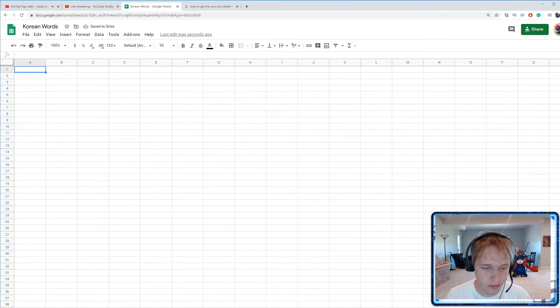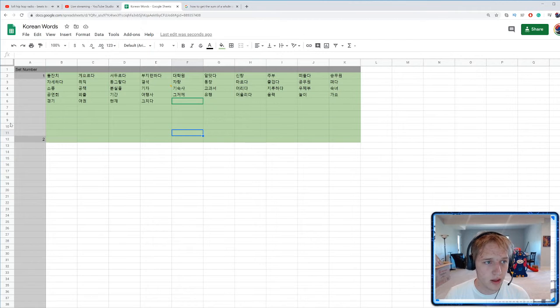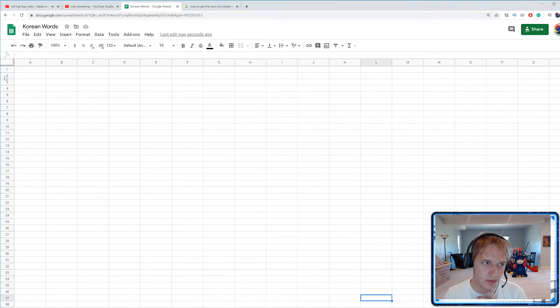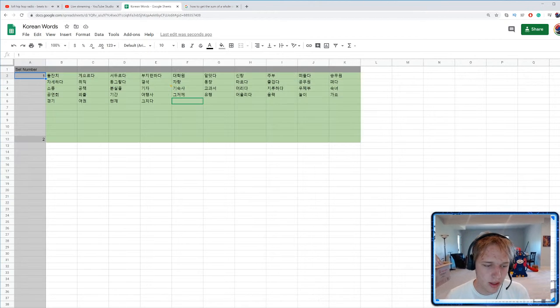And then I have it for every single day here. It's going to be the set number, so the number of times I'm studying it on that day. So this will be set number 1, with the 100 words. If I ever forget a word, they'll go in here, and words that I have questions about and have answers will go in here with the explanation. That's kind of the rundown of that.